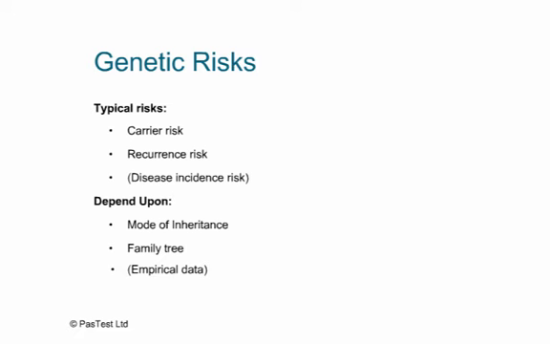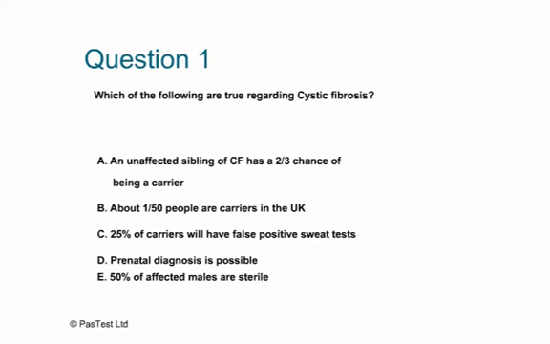And these kinds of risks, carrier and recurrence risks, depend primarily on two things. They depend on the mode of inheritance of the condition and the family tree, and of course the position of the individual of interest in that family tree. The disease incidence risks tend not to come up because they tend to be based on empirical data rather than on calculated risks.